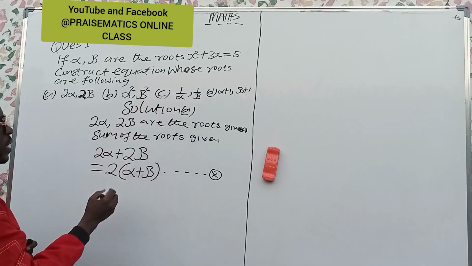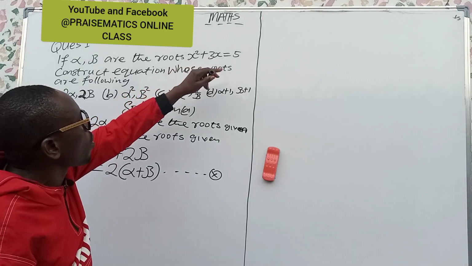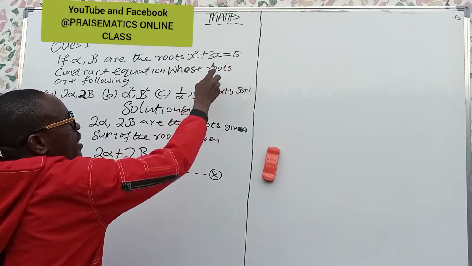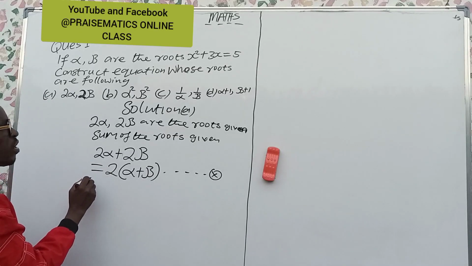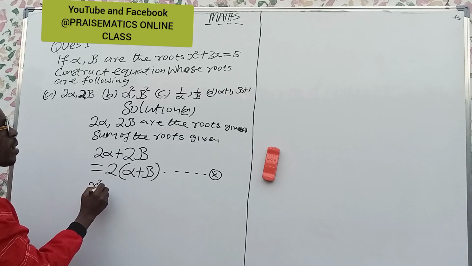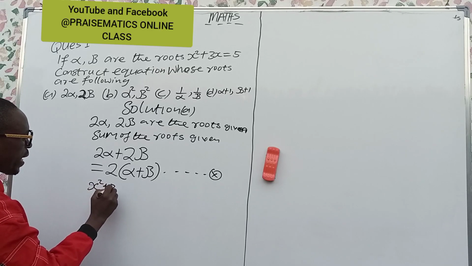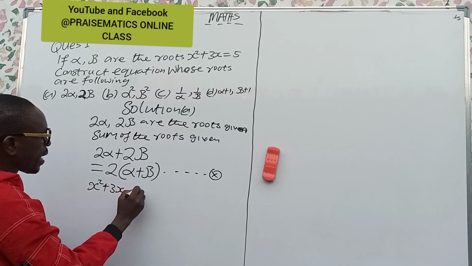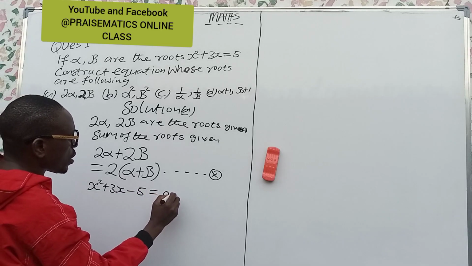Now from the equation given, we want to turn this into a quadratic equation. So this 5 will cross the sign of equality. We now have that x squared plus 3x minus 5 is equal to 0.